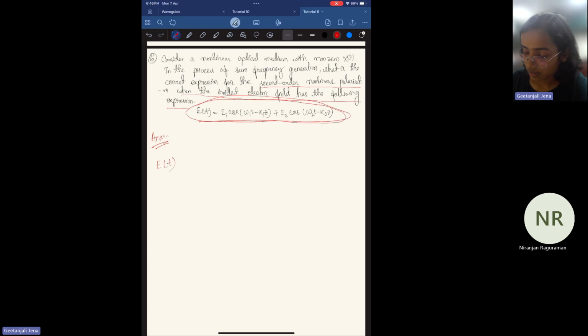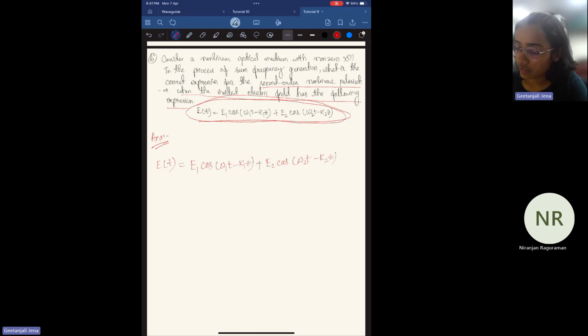Let us start. The process is the same. You just need to find out the square and separate the terms which will have the sum frequency. So this electric field is already given.